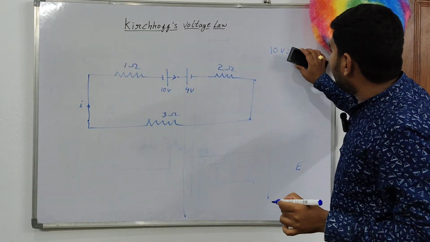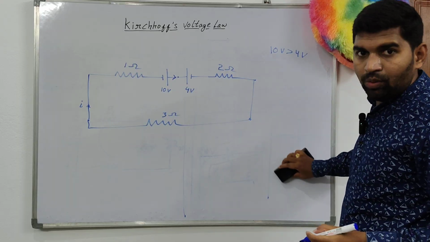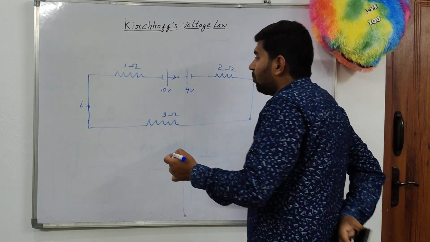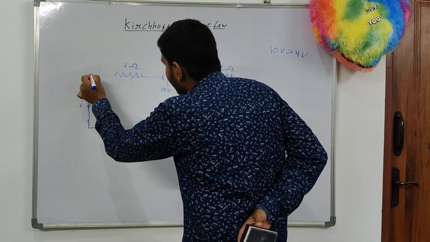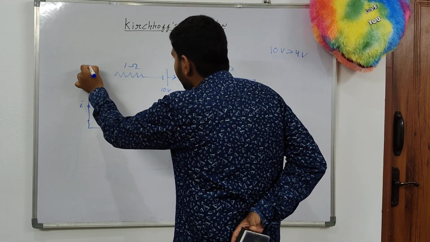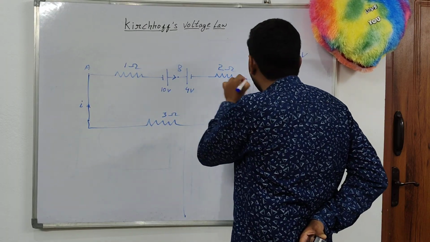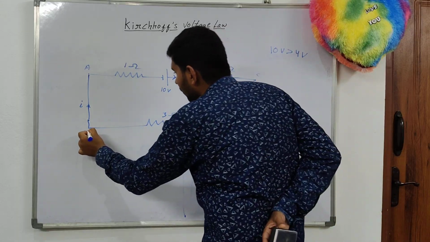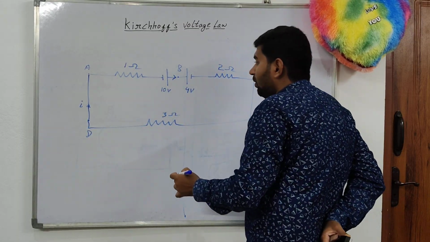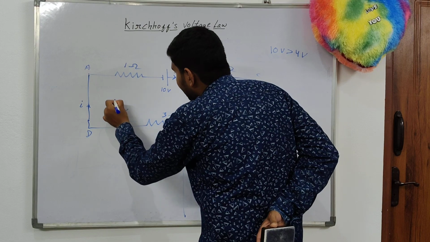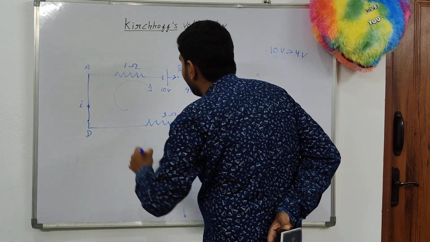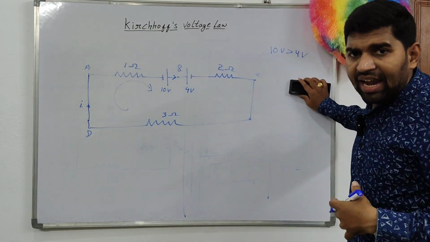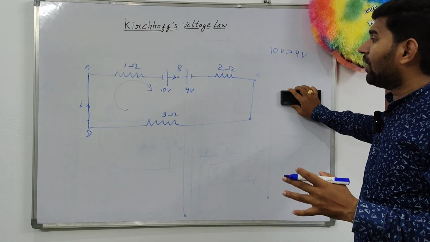Now, how to find out the current value? Let us assume we move from A to B, B to C, C to D. If the traversing direction is clockwise, or if you take anti-clockwise also, no problem at all.